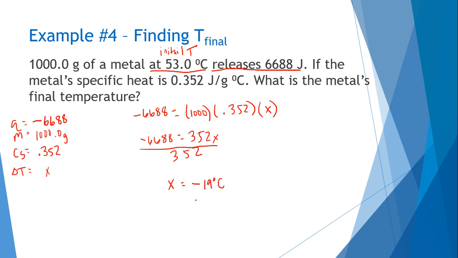What this means is that my temperature went down negative 19 degrees. So I can actually take my initial temperature, which is 53. This means it went down 19. So when I actually calculate this, this is 34.0 degrees Celsius for my final temp.